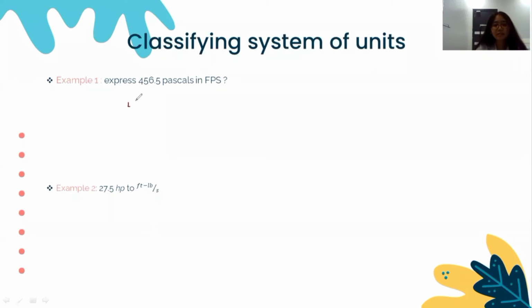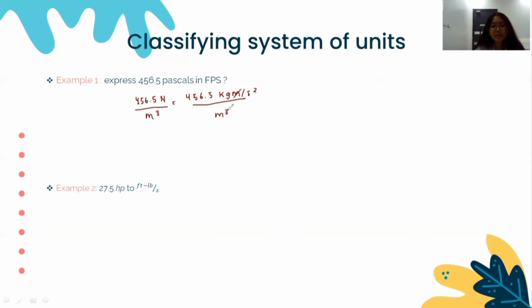First, we're going to write 456.5 pascals can be written as Newton per m squared. Next, Newton can also be written as kilogram meter per s squared divided by m squared.